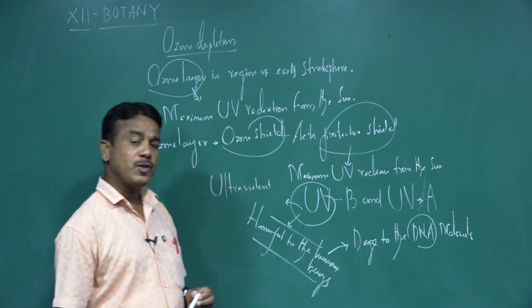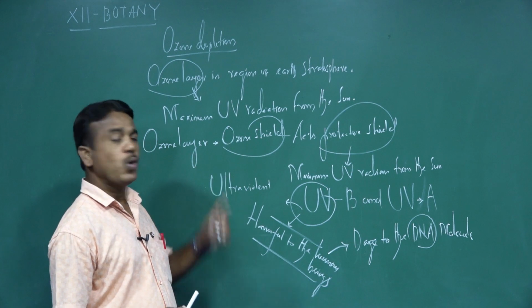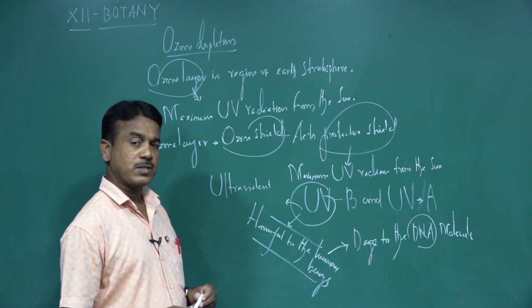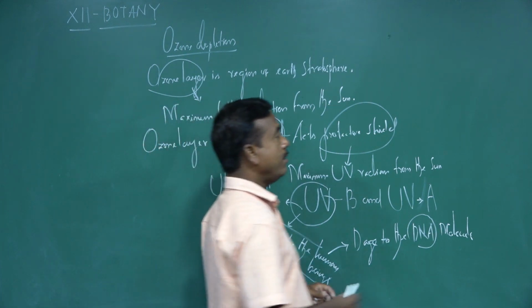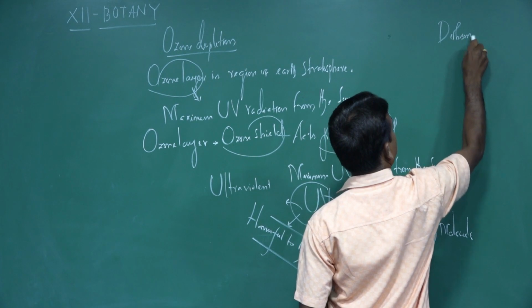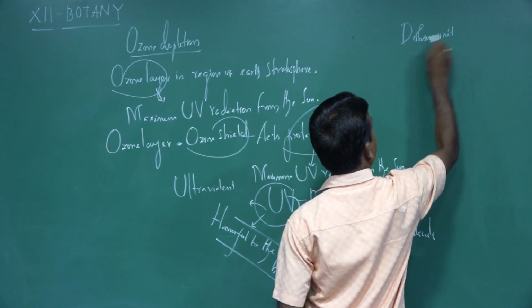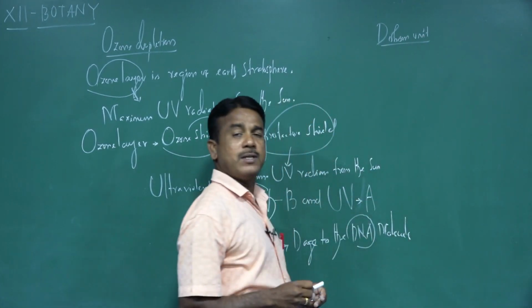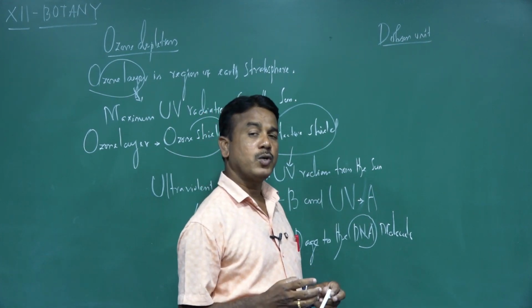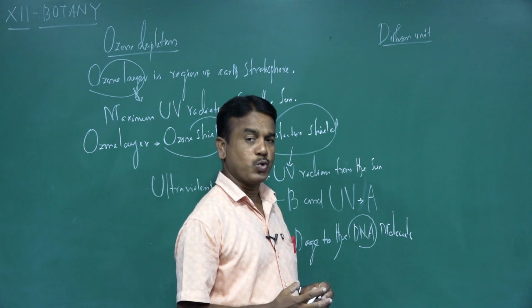I already indicated to you that the ozone layer can be measured in which type of unit. That is commonly called the Dobson unit. So what is the Dobson unit? The Dobson unit measures the total amount of the ozone layer.